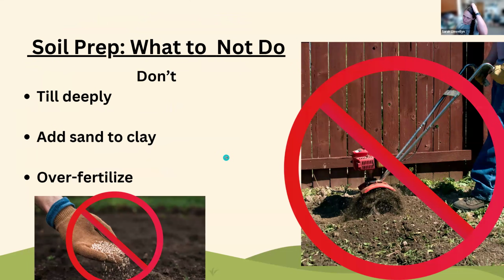So what not to do? A lot of people do the tilling. I used to help out with my husband's family's garden, and anytime there were weeds, they would just run the tiller through everywhere. And what happens is when you till and till and till, you're losing soil because you are making it so fine, it's blowing away.